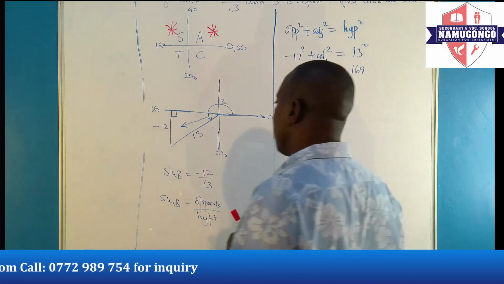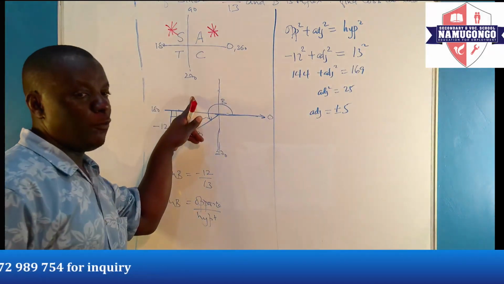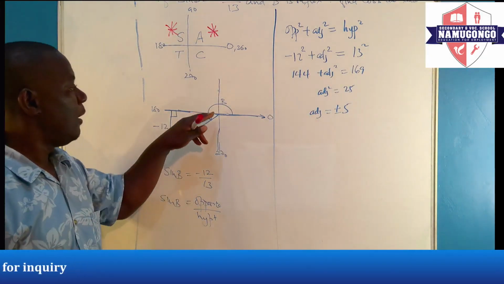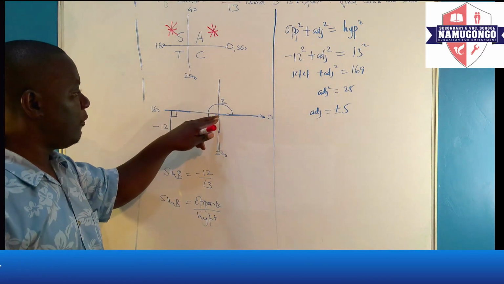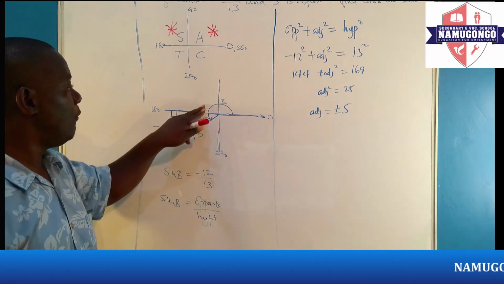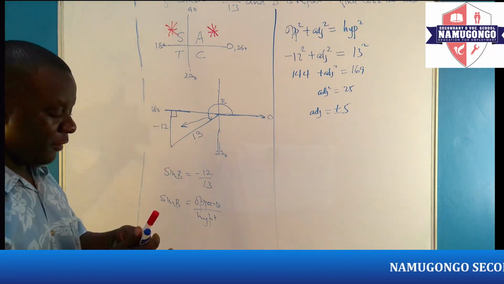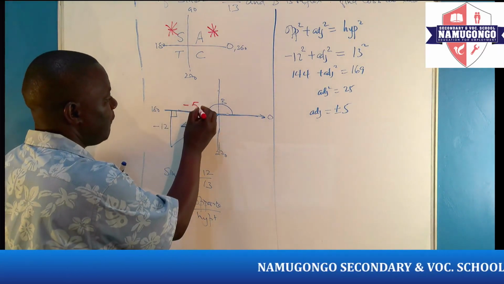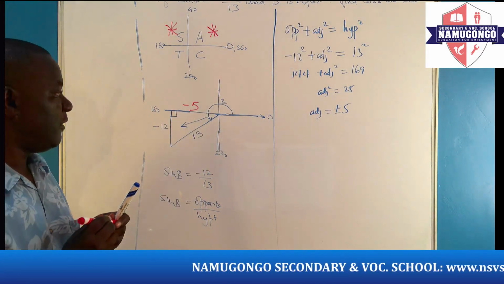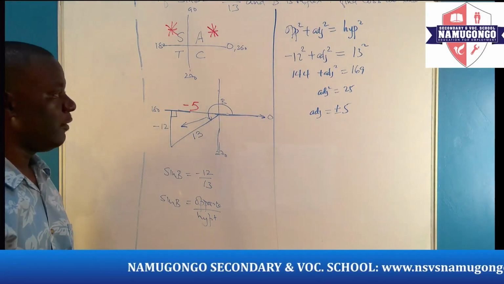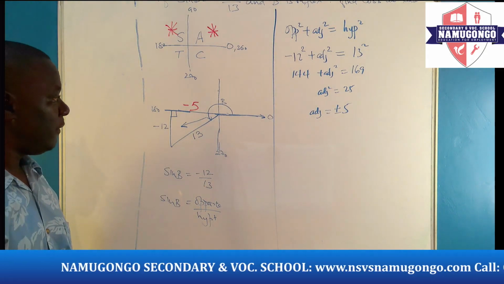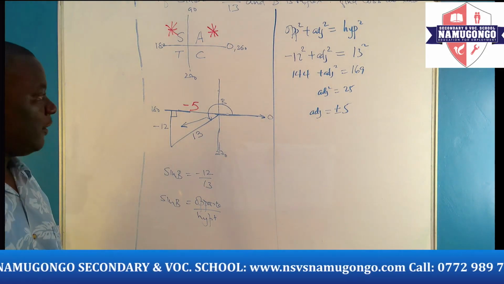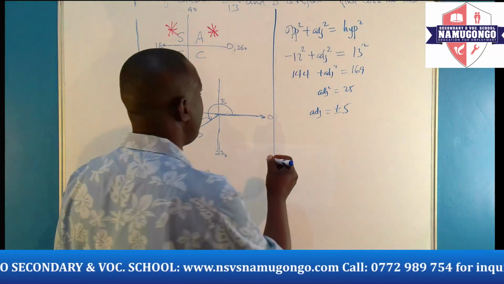Now, looking at the sketch we have here, to the left of the origin, all values of x are negative. So our adjacent is going to be negative 5. It can't be positive this side, so it is negative 5.